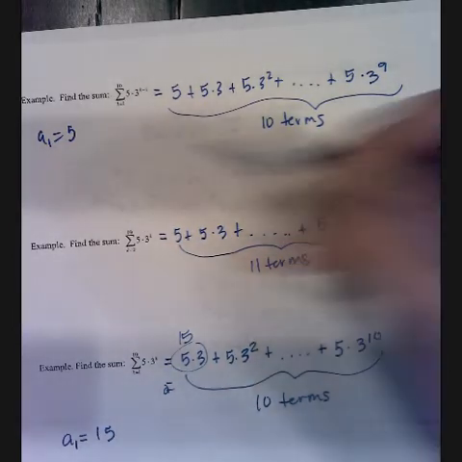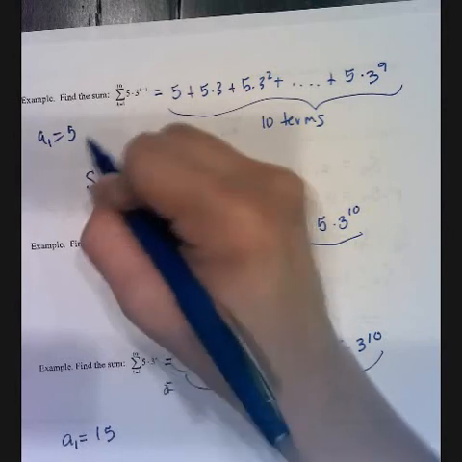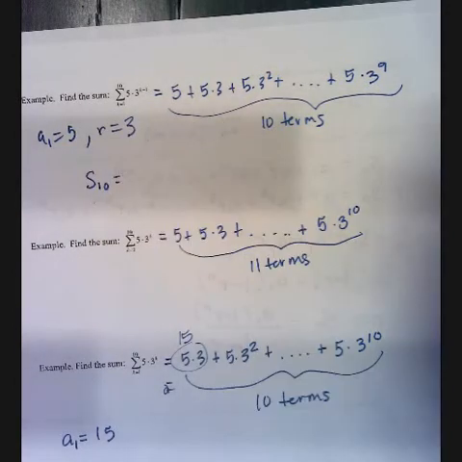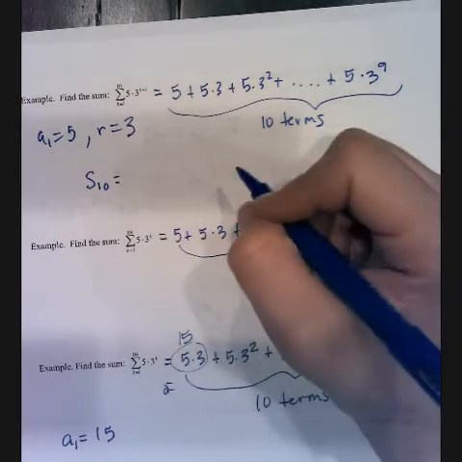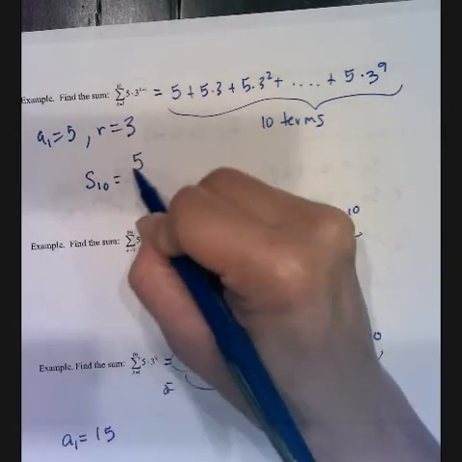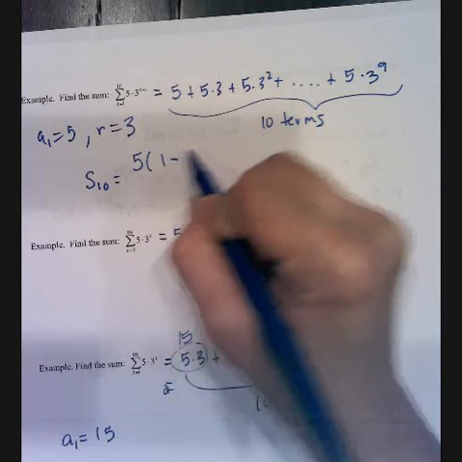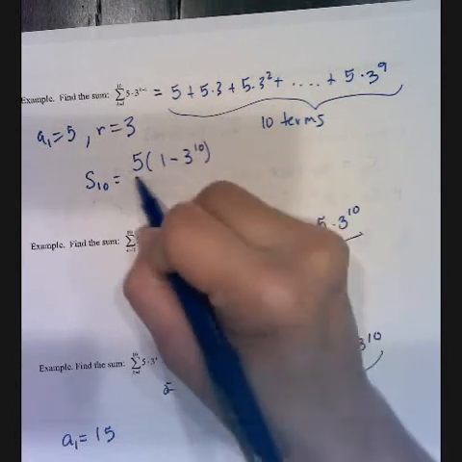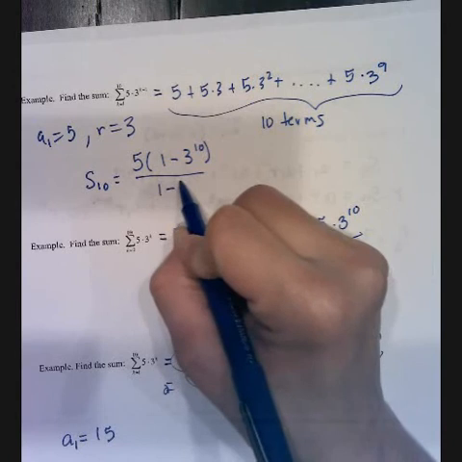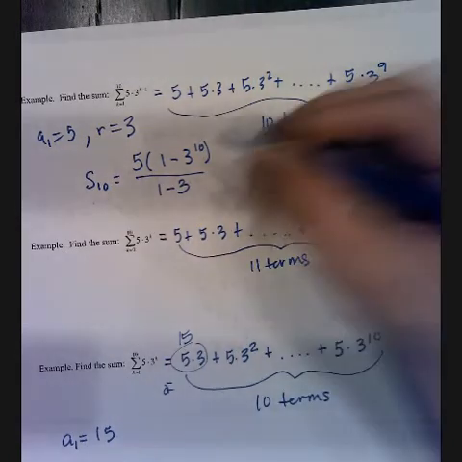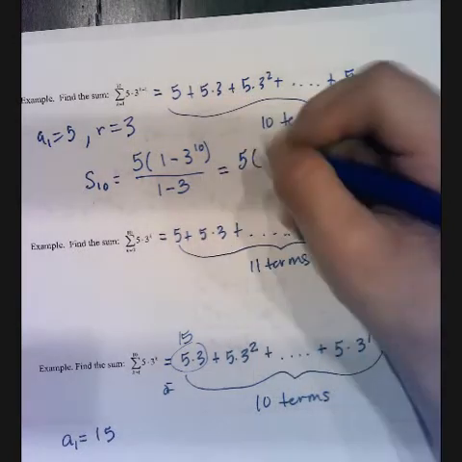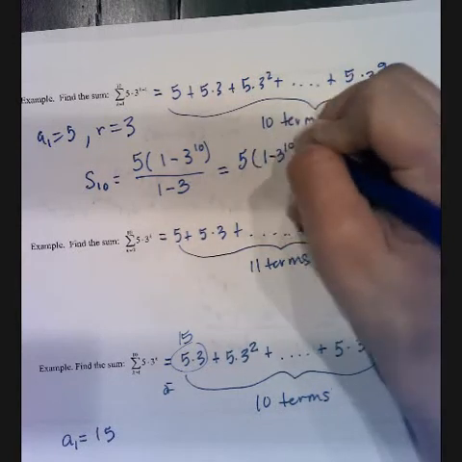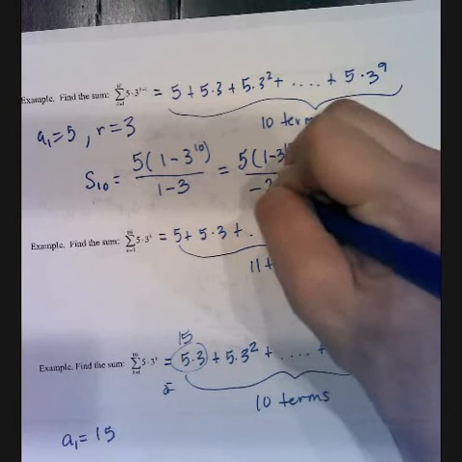So this one we're finding s sub 10. And in all of these, r is 3, right? I didn't write that down, but r is 3. So s sub 10 is a sub 1, which is 5, times 1 minus 3 to the 10th over 1 minus 3 for this problem. So again, you can pretty much leave it like that, but you should simplify the denominator. I would ask that you do that and put a negative 2 there.